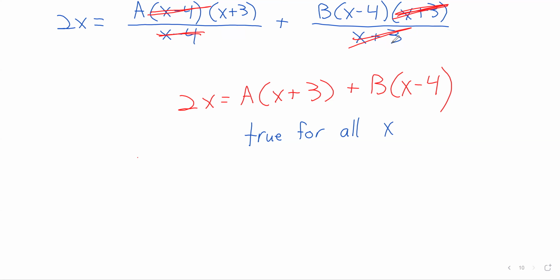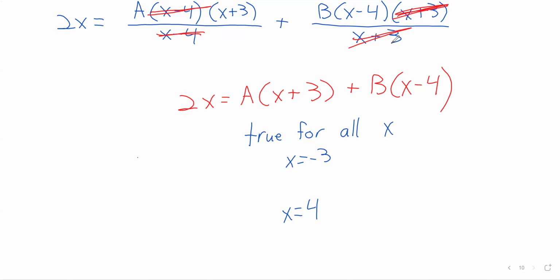And there are two values of x specifically that we can choose that are really going to simplify this: x equals -3 and x equals +4. The reason that's going to simplify this is that each of these is going to turn an expression into 0.